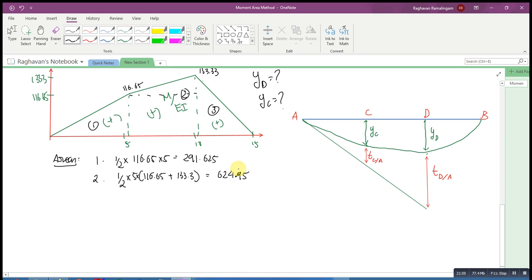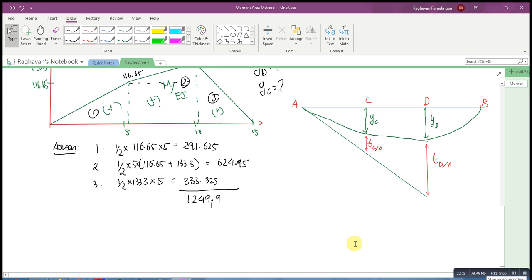And the third area is half into 133.3 into 5, which is 333.325 approximately. And this totals to about 1249.9. Okay, so these are the areas.